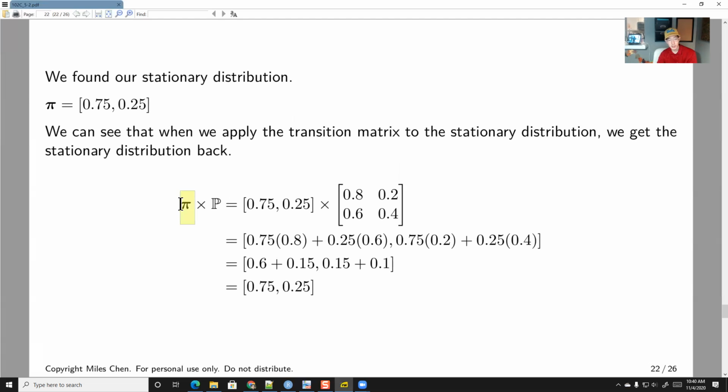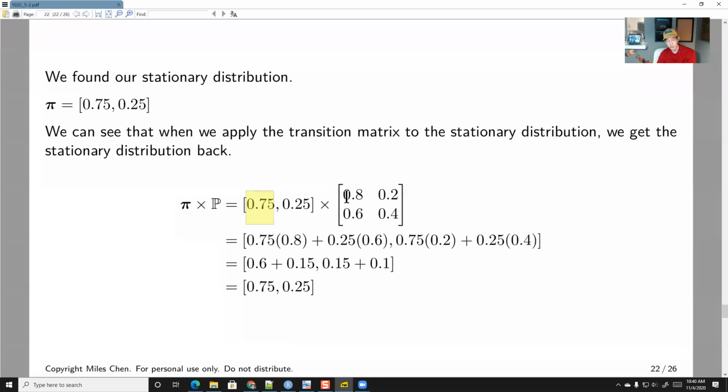If I take my stationary distribution of 0.75, 0.25, and multiply it by the transition matrix P, 0.8, 0.2, 0.6, 0.4, you will see that you end up getting back the stationary distribution.